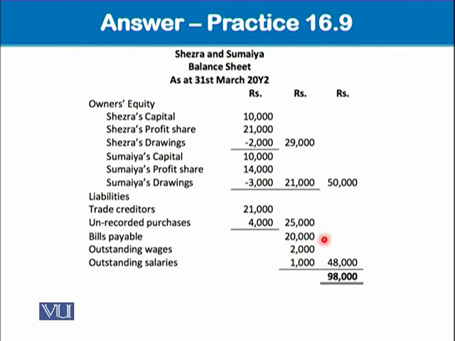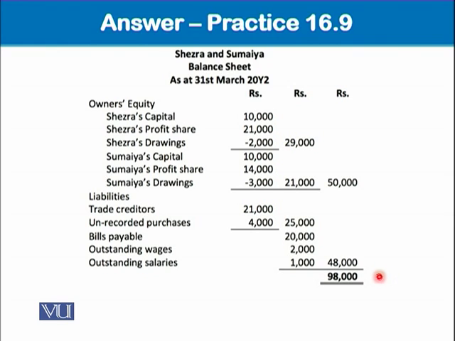Bills payable is a liability, 20,000. Outstanding wages, we took it from the adjustment. It's a liability, and outstanding salaries. So that total 48,000 is our liability and altogether the balance sheet is 98,000.